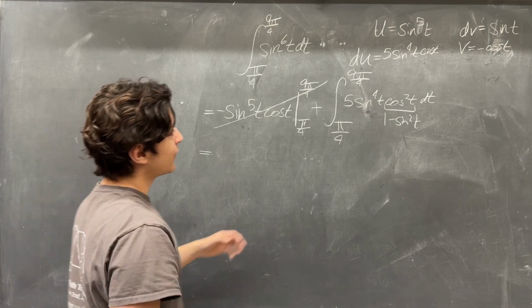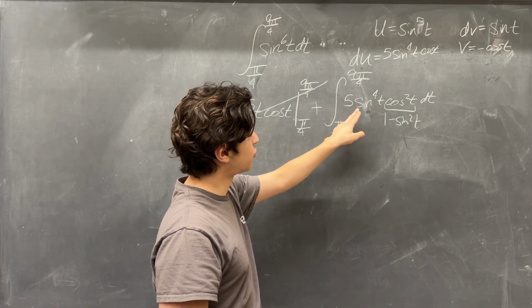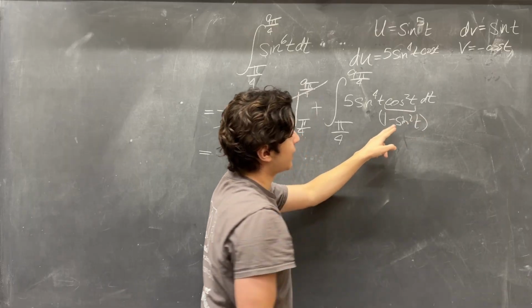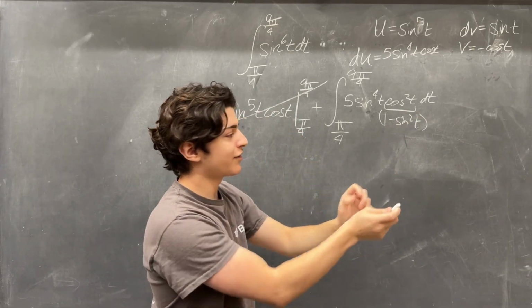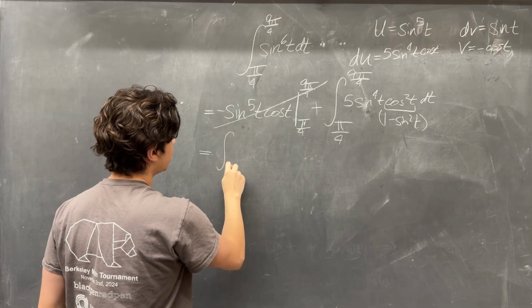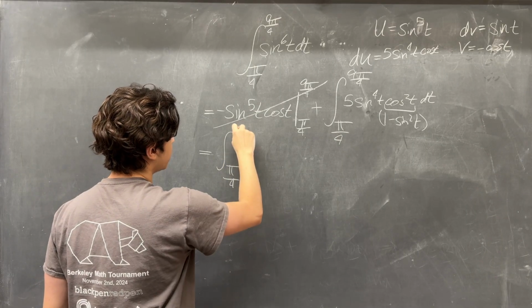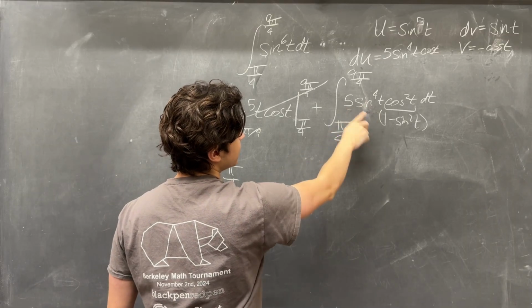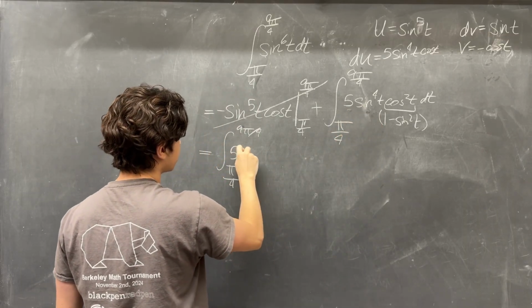So if we do that, we can distribute the 5 times sine to the 4th t into 1 minus sine squared t, and then we can split apart the integral. So the first thing that we'll get is the integral from pi over 4 to 9 pi over 4 of 5 times sine to the 4th t times 1. So let's just write that down.